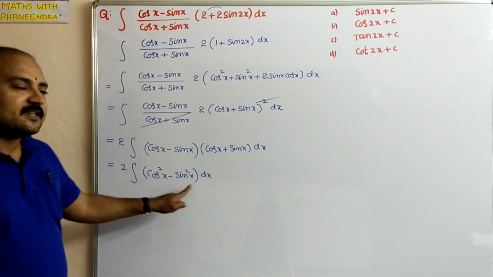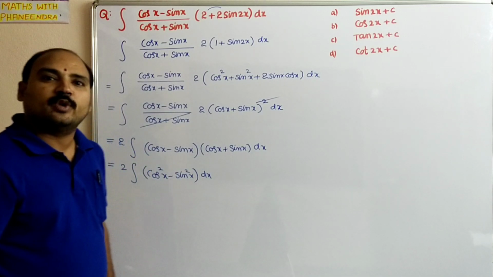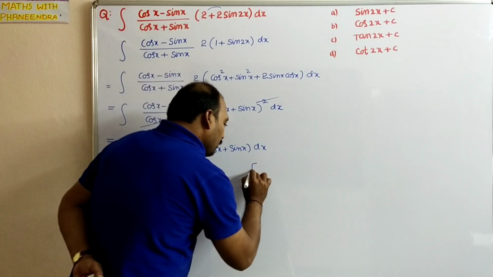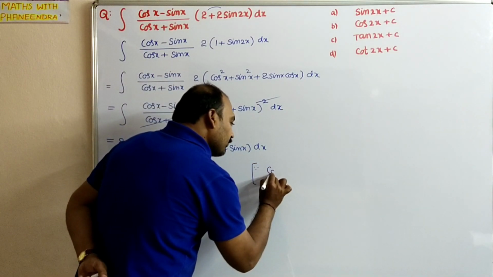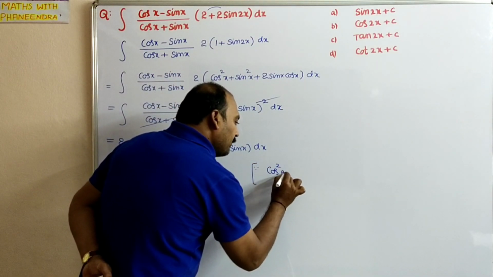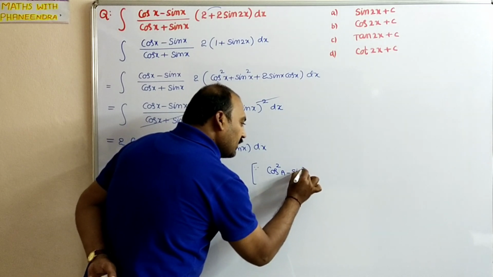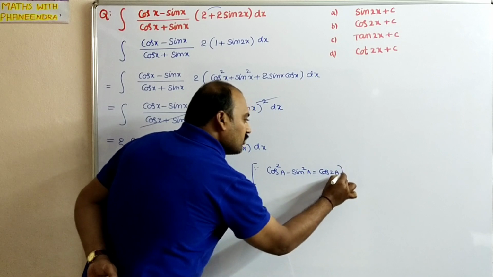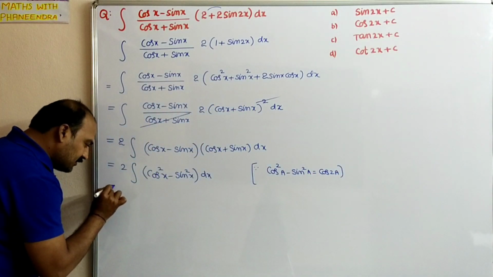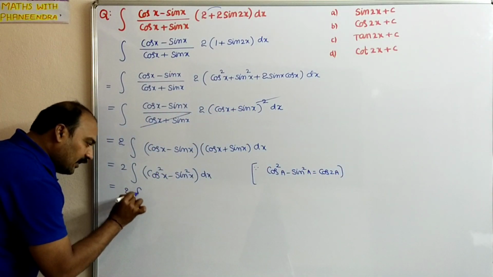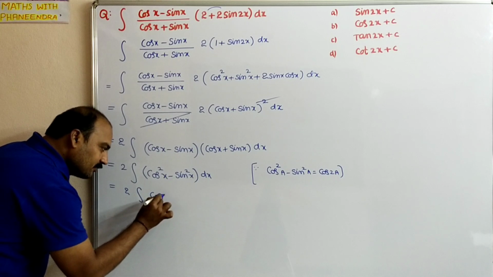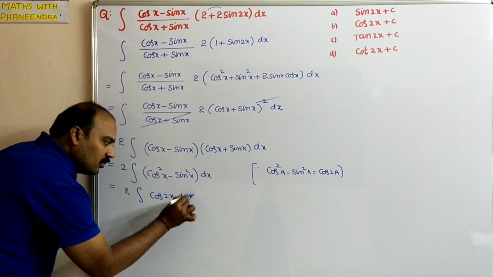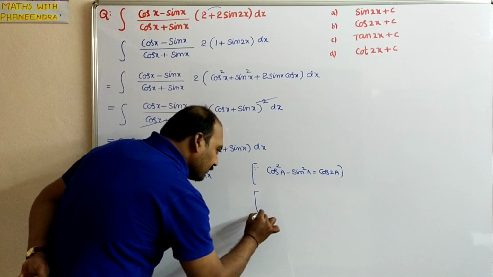Cos square a minus sin square a is the formula for cos 2a. We have that. So by using this formula it becomes 2 into integral cos 2x. What is integral cos 2x?